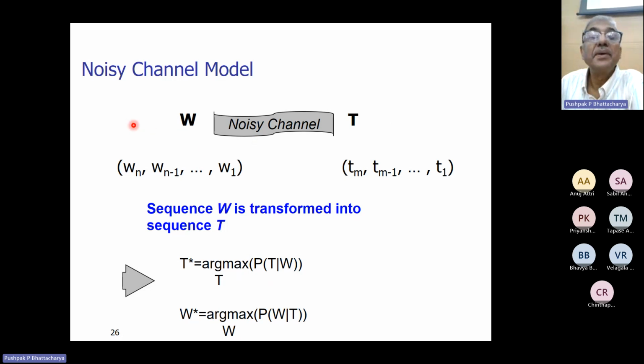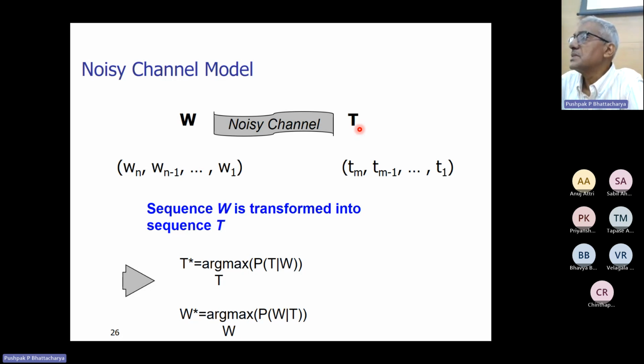You can have a wrongly spelled word coming in, for example, AMBRELA for umbrella, and out comes the correctly spelled word. You have a sequence of words coming in, and their parts of speech, the grammatical categories, are coming out. So these are very, very universal and powerful models.